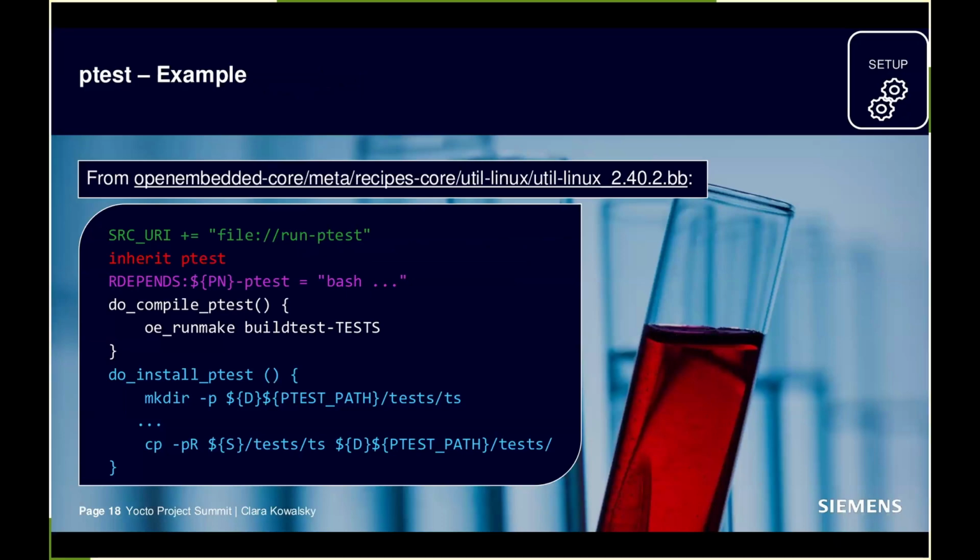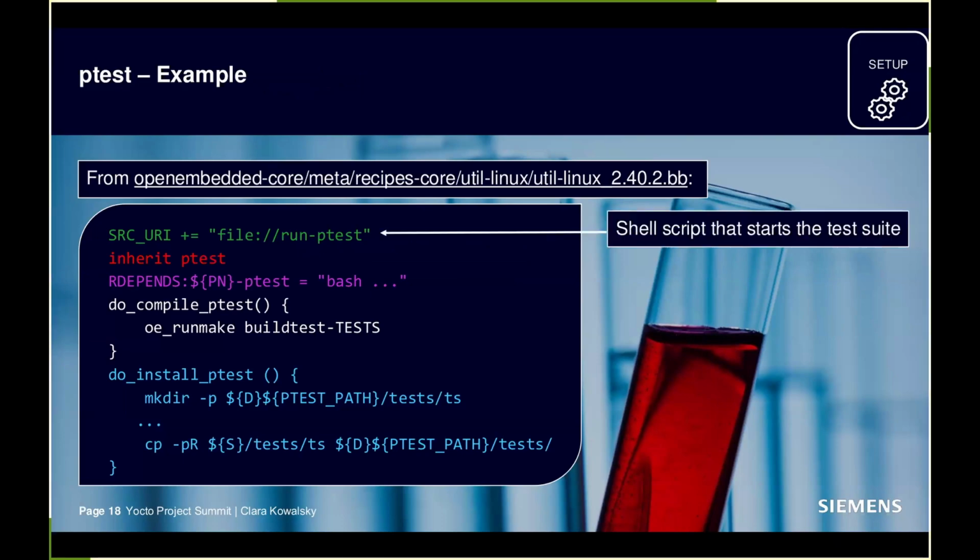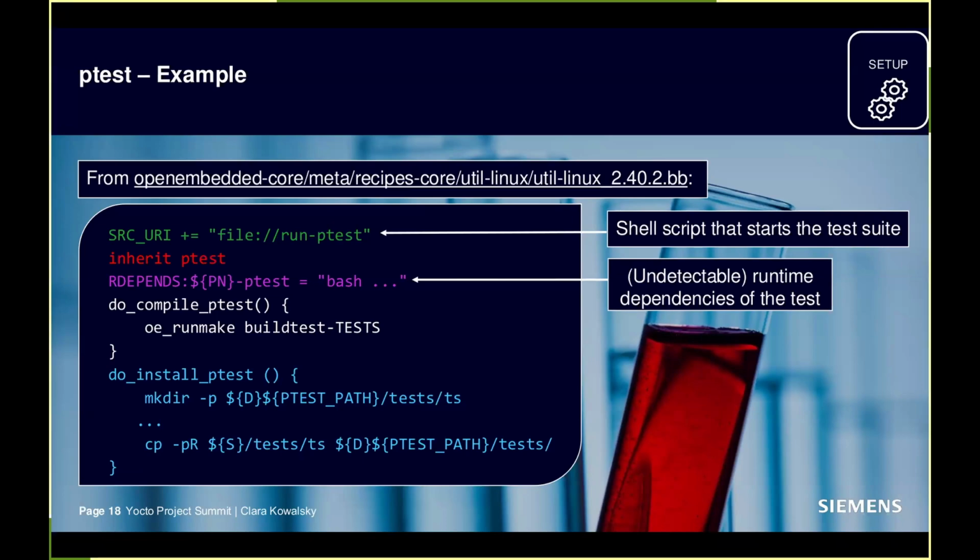So let's have a look at an example again. Here I copied again the most relevant parts of the util-linux package from the OpenEmbedded-Core project. First, we need to include the run-ptest shell script, as this will start a test suite. Then we can use the inherit ptest statement to enable the Ptest magic in our recipe. So Yocto knows how to package up the Ptest.